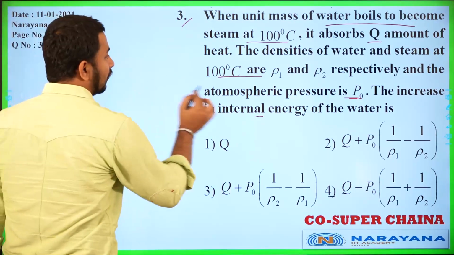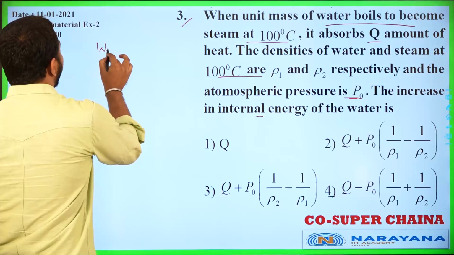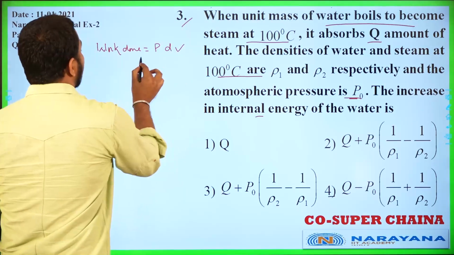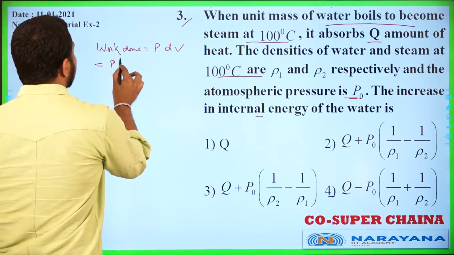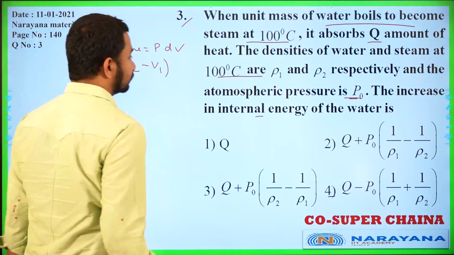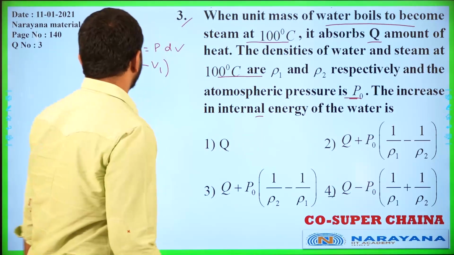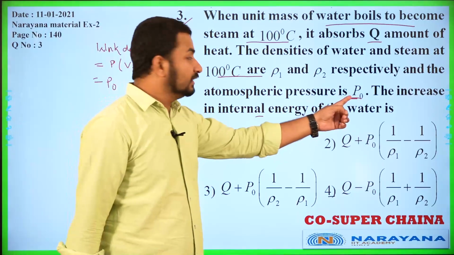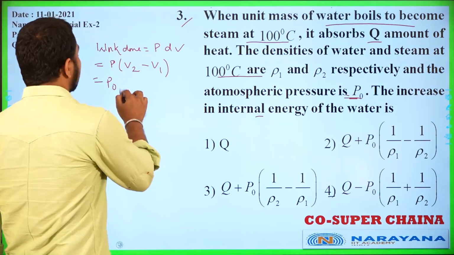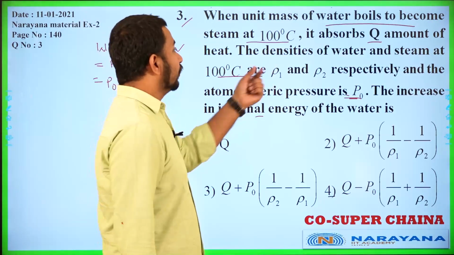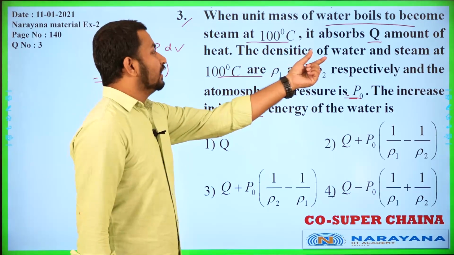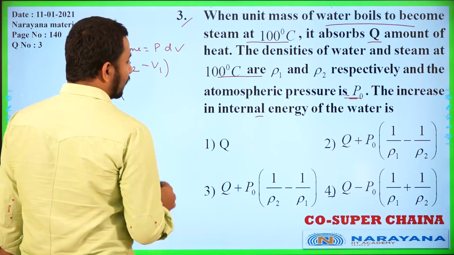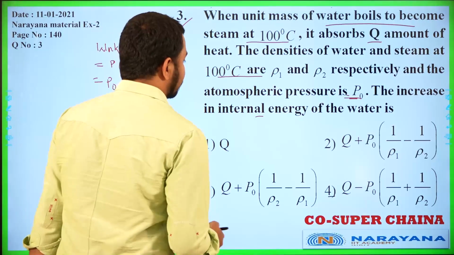So if you see here, work done can be written as P dV, and work done can be written as P (V2 minus V1). Now this work done is given, initial atmospheric pressure P, and this V2 and V1 are given in terms of densities. So first is water and the other one is steam.